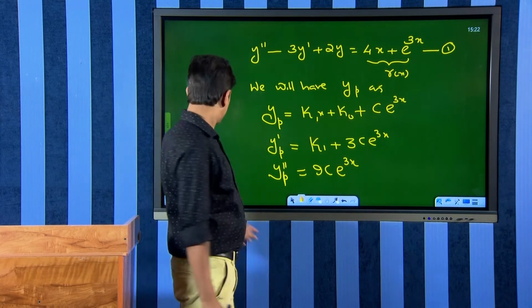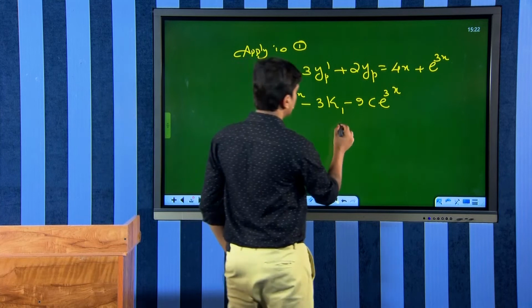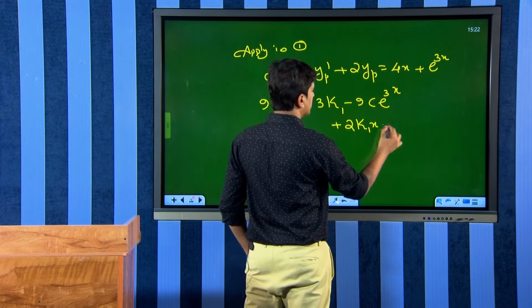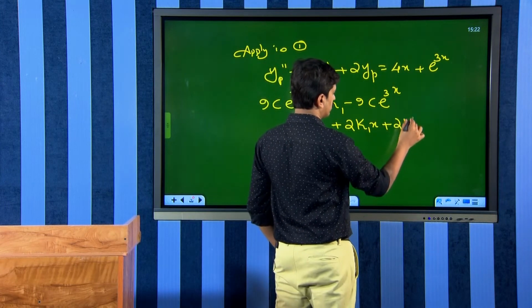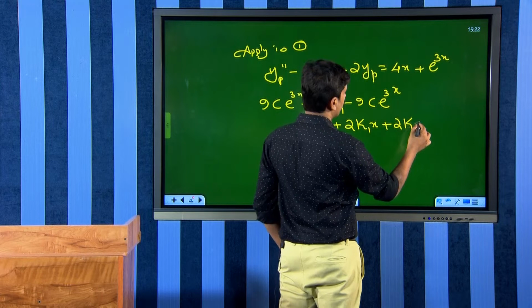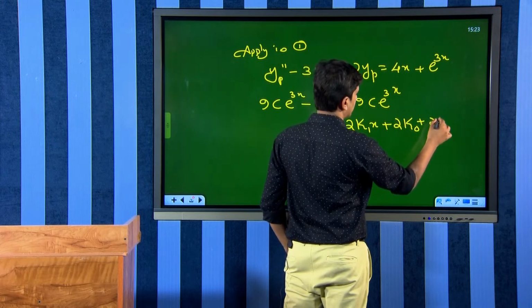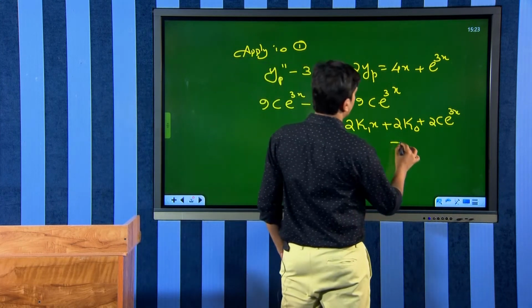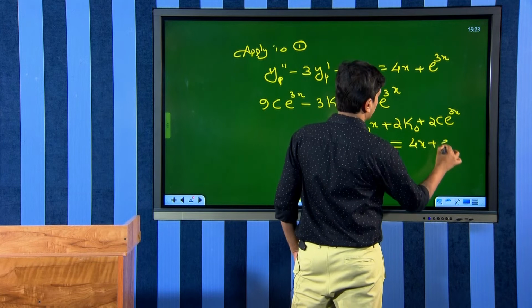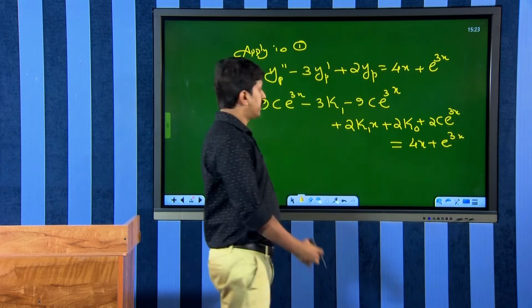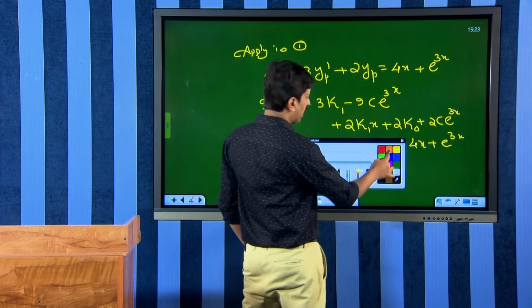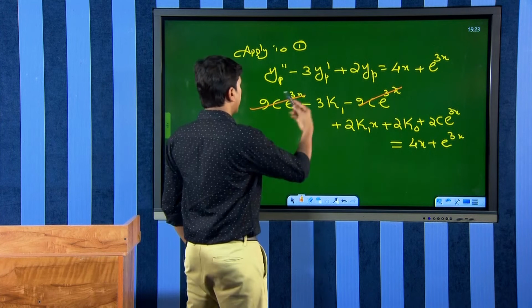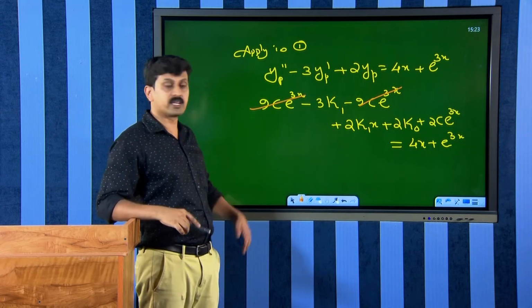So we will have 2 into k1 of x, therefore 2k1 of x plus 2k0, and finally 2c e raised to 3x, is equal to 4x plus e raised to 3x. See, dear students, here we have minus 9c e raised to 3x and also plus 9c e raised to 3x, which we can cancel.